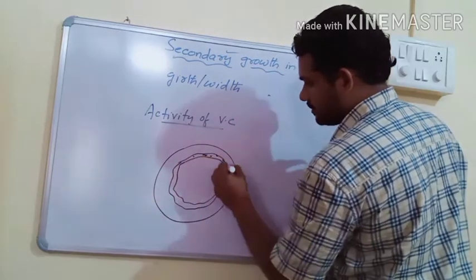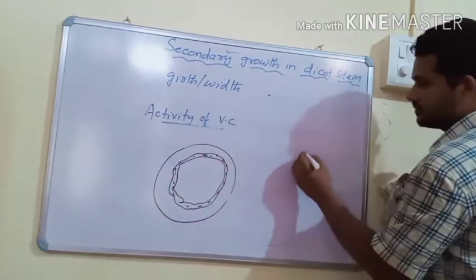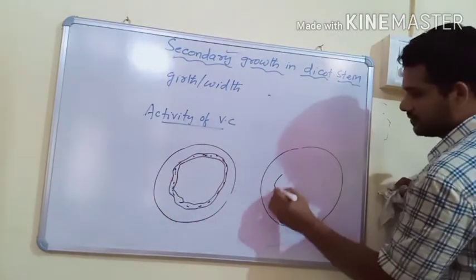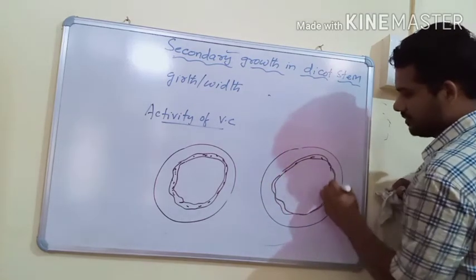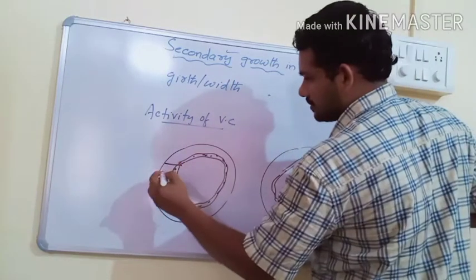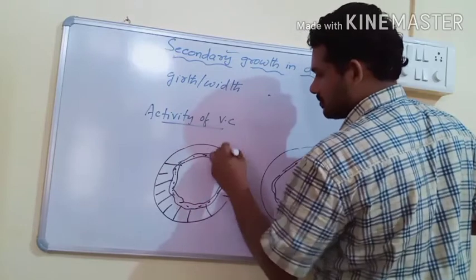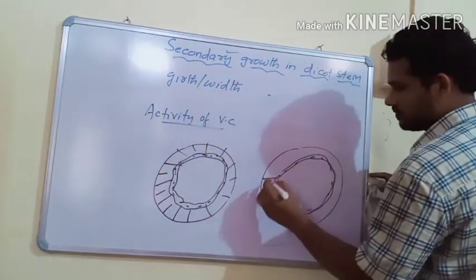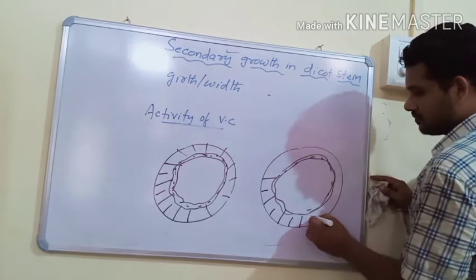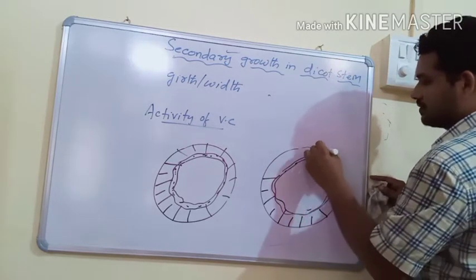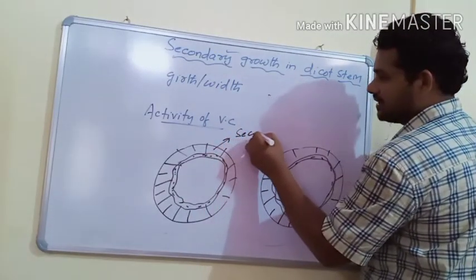This is the ring of vascular cambium. Here also, this is the ring of vascular cambium. Here, this is the secondary phloem.